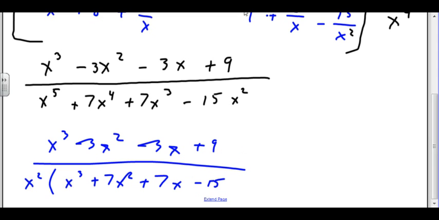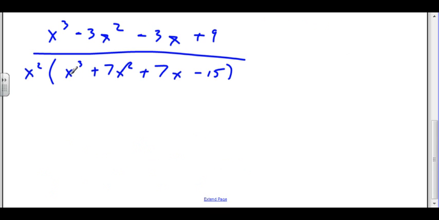Okay, so we're a little bit better off on the bottom guy. I haven't figured out the top guy yet, but I have figured out the bottom guy. The bottom guy has a root of 1. So if I put a 1 in there, I get 15, and 15 minus 15 is 0. So the bottom guy has x minus 1 as a factor.